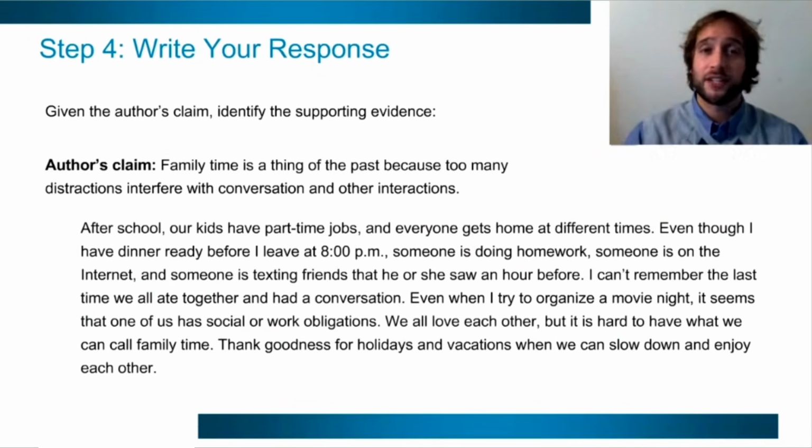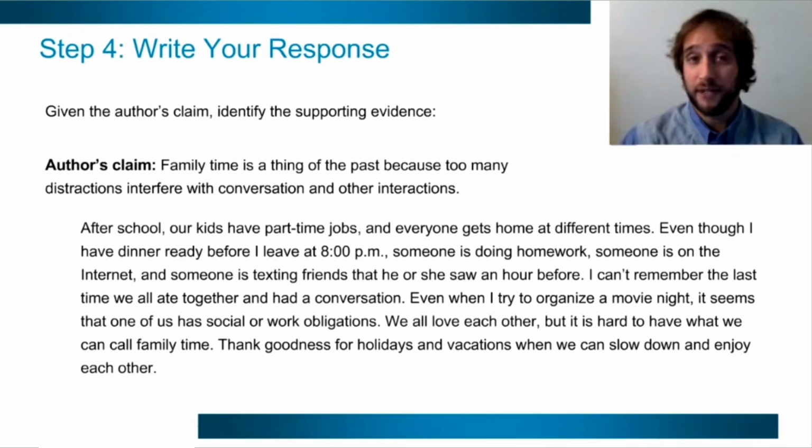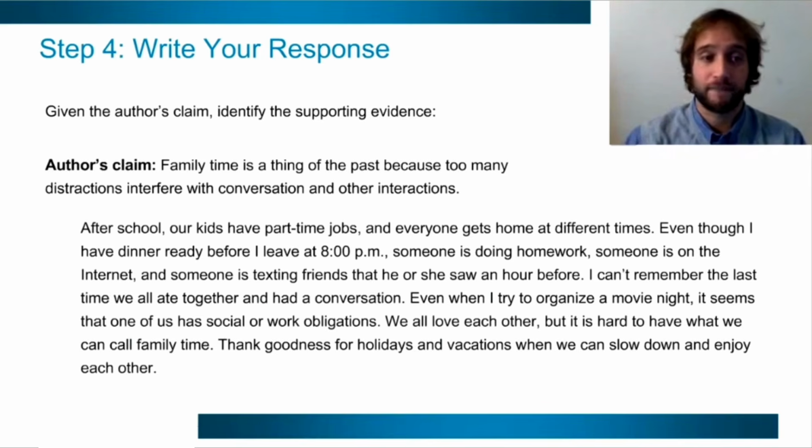Okay, so now that we've had a chance to think about these steps and what the different tasks are that we need to accomplish with each of these steps, I want to make sure that we practice identifying claims and evidence in an author's argument, right? Because that's absolutely crucial, something we absolutely have to do with both passages that we're going to read for the extended response section. So go ahead, take a look at the author's claim here, and then go ahead and read the paragraph that follows.